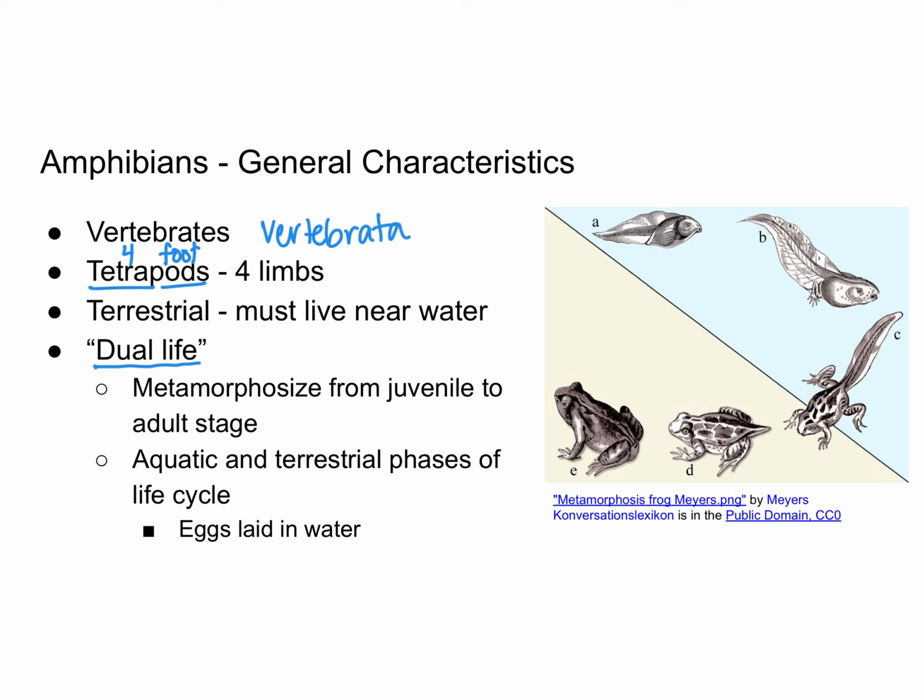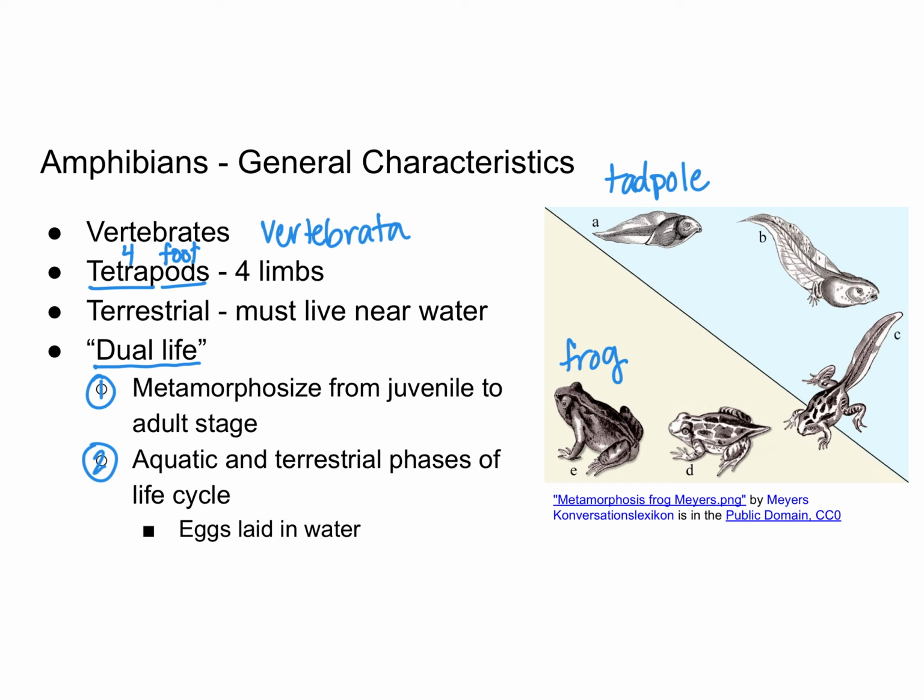And there's 2 different reasons for getting this name of dual life. The first reason is that amphibians metamorphosize from juvenile to adult stages. In this picture, you might be familiar with frog development, where they start out as a tadpole and then eventually change into their adult form as a frog.